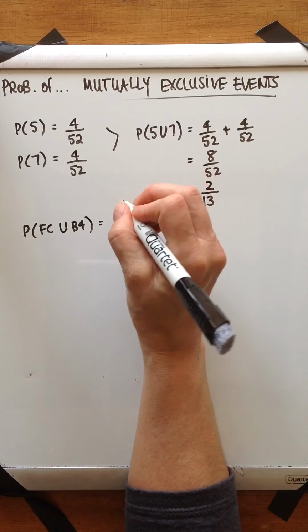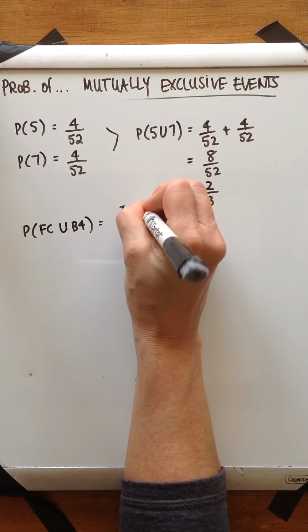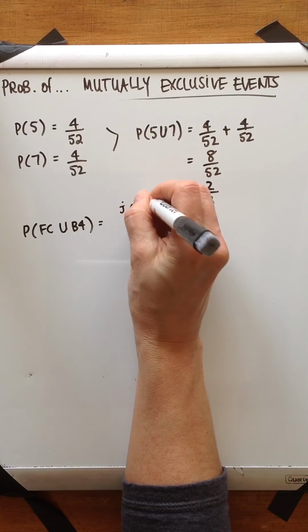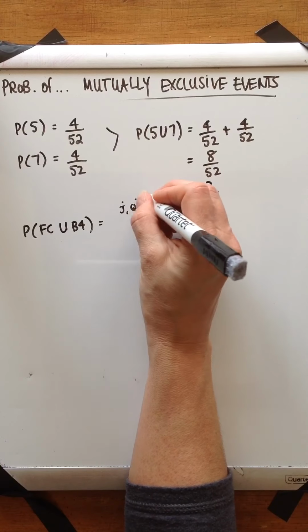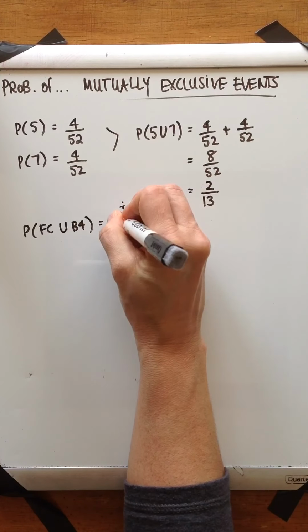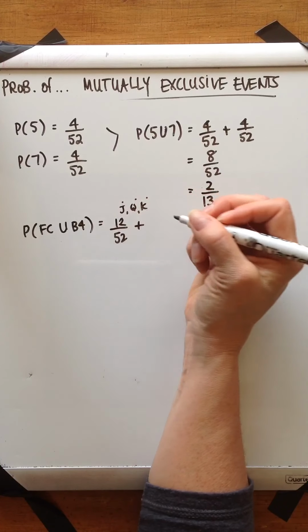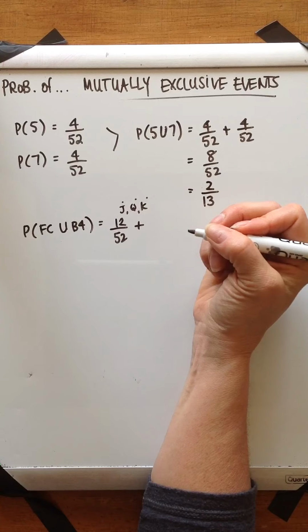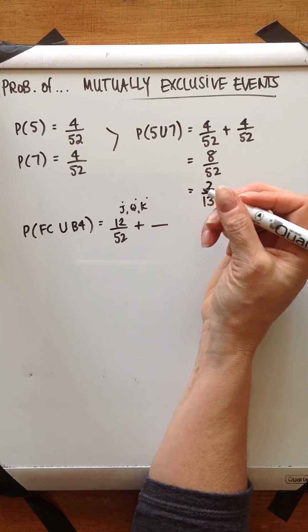So how many face cards are in the deck? Well, let's remember face cards are your jacks, your queens, and your kings. And there's 4 of each of those. So 4 of each of those 3 types means there's a 12 fifty-seconds probability of drawing a face card. Now I can't draw a black 4 at the same time as drawing a face card, so what's the opportunity for a black 4?